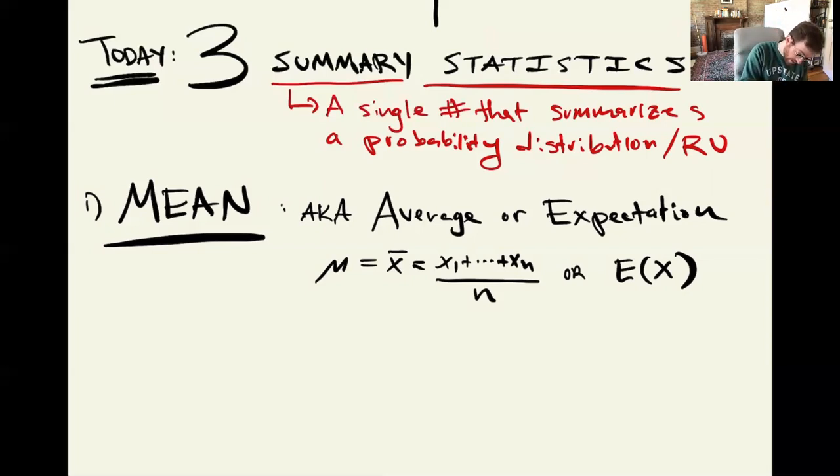So we think of this as the empirical. First of all, this is the Greek letter mu. It looks like that. And this is the empirical average, which we sometimes call x bar.